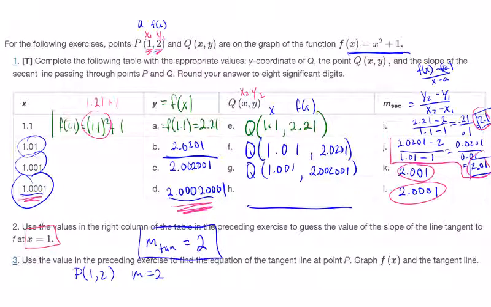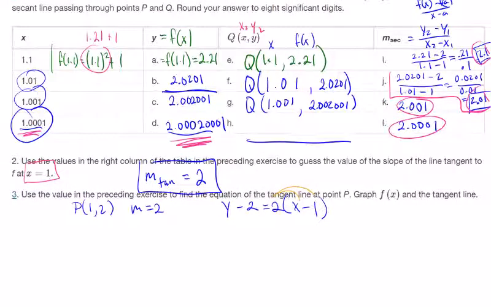So it'll be y minus y1 equals m, which is 2, times the quantity x minus x1. And then we can distribute, and we get y minus 2 equals 2x minus 2.